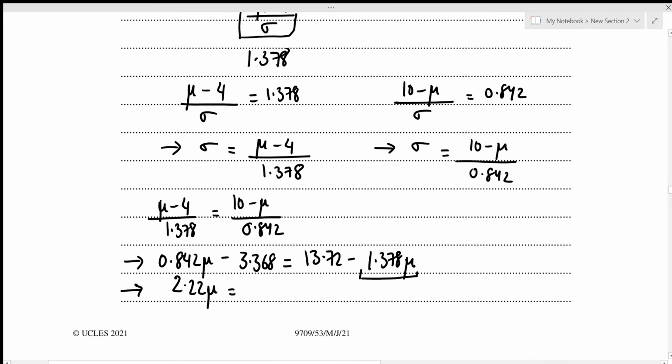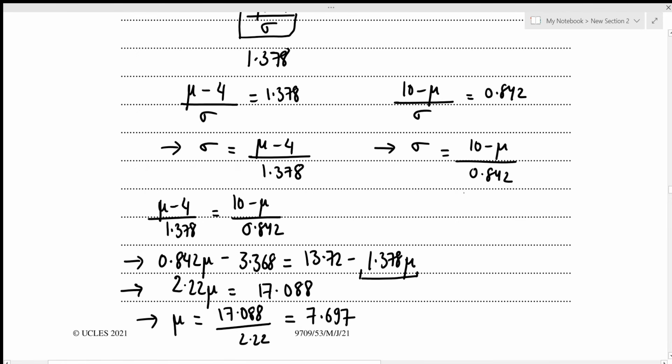And bringing this side to the right hand side, that's going to be 13.78 plus 3.368, which is 17.088. So mu is going to be 17.088 divided by 2.22, which gives the value of 7.697.